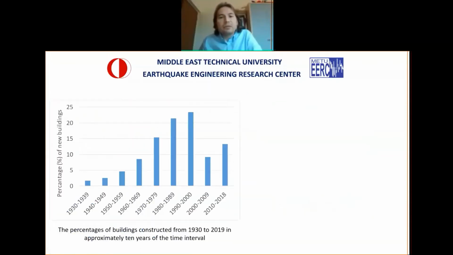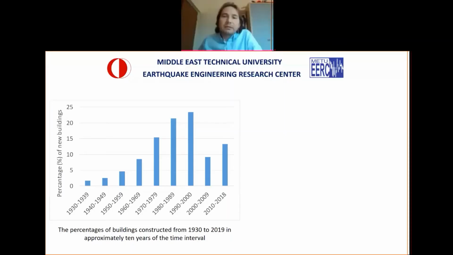This is another slide comparing the number of completed new buildings within approximately 10-year intervals from the 1930s to 2018. You can clearly see the rapid increase in the number of new buildings constructed starting from the 60s.